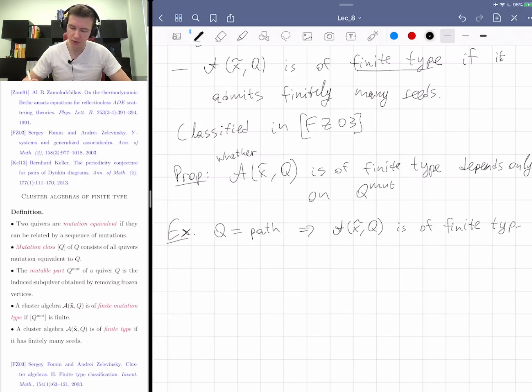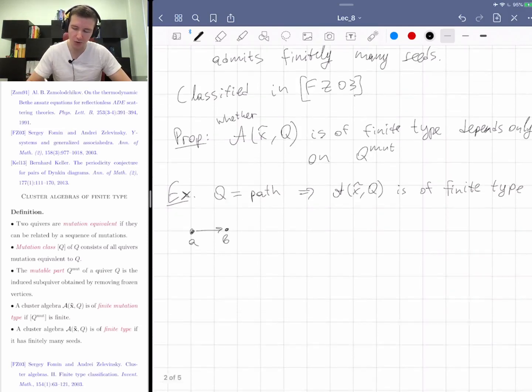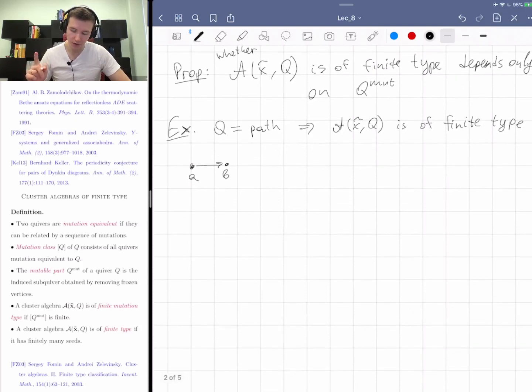Like an example where you have a quiver, a path of length 2, A and B, and then if you mutate in all possible ways, you get Catalan many quivers from that, but if you add the frozens, you still get Catalan many quivers.